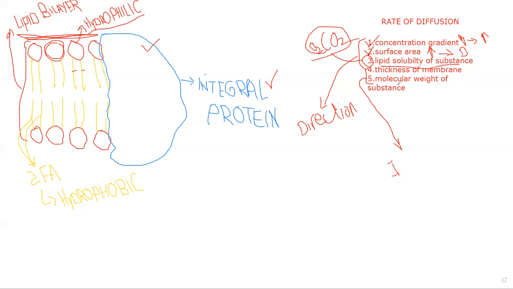If the molecular weight of the substance is high, like glucose, it cannot pass through the cell membrane easily, so glucose can be transported through facilitated diffusion with the help of carrier proteins. So these are the five factors which determine the rate of diffusion.